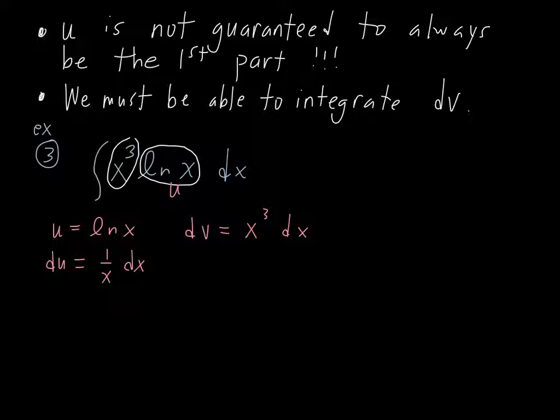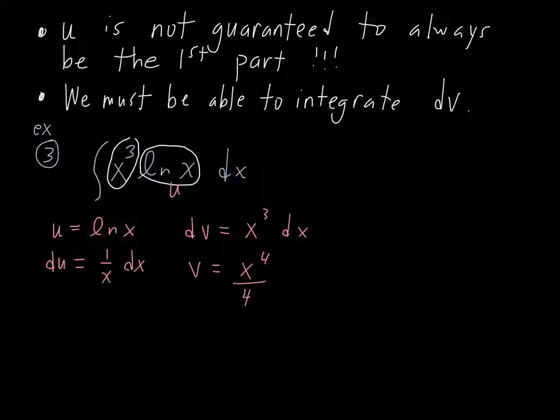So the derivative of ln of x is 1 over x, and we tack on a dx as a reminder that it's in terms of x. And when we integrate this, again, to go from dv to v, we have to integrate. That's just x to the 4th over 4. So if you had called dv ln of x, again, if you don't have that formula memorized, it's going to be impossible. So even if you do have it memorized, it's still a lot messier to do it that way.